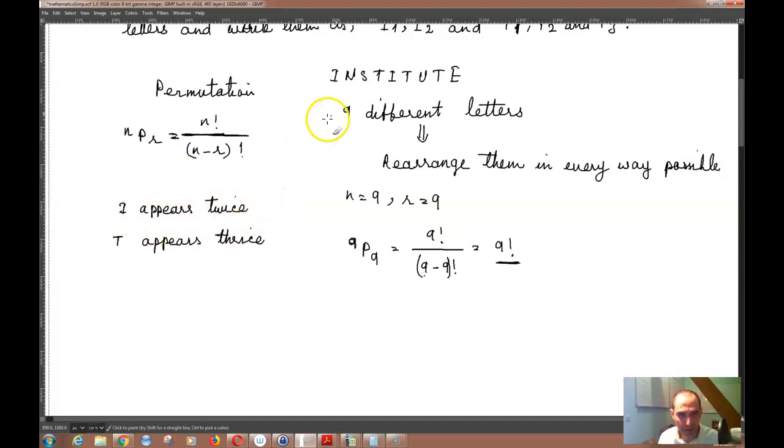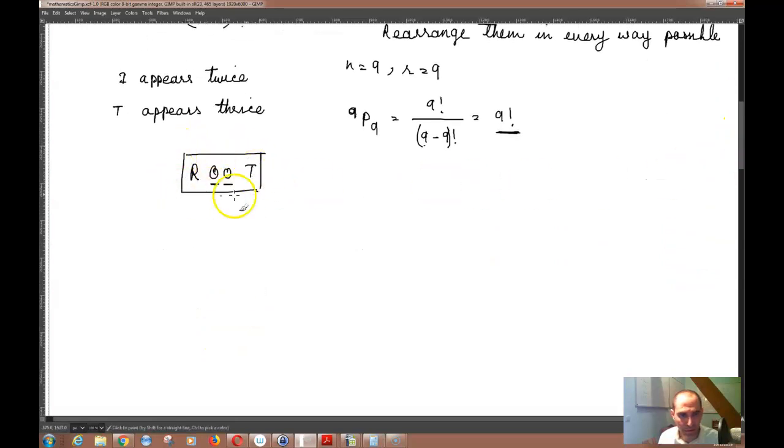So how did I take out the different permutations of the two O's in the word root? I calculated the permutation of the word root, treating these O's as different O's, meaning O1, for example, and O2, and that was permutation 4, which was equal to 4 factorial.